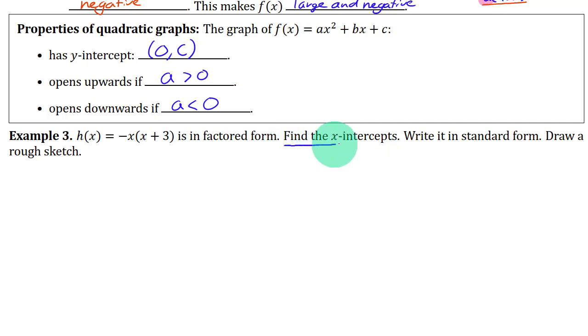First of all, let's remember that x-intercepts are points on the x-axis, right? So if it's a point on the x-axis, then those are points where y is 0. We've got some x-coordinate and y is 0, some x-coordinate and y is 0. So that's what we're going to do, is we're going to make the output of this, the y-coordinate, be 0.